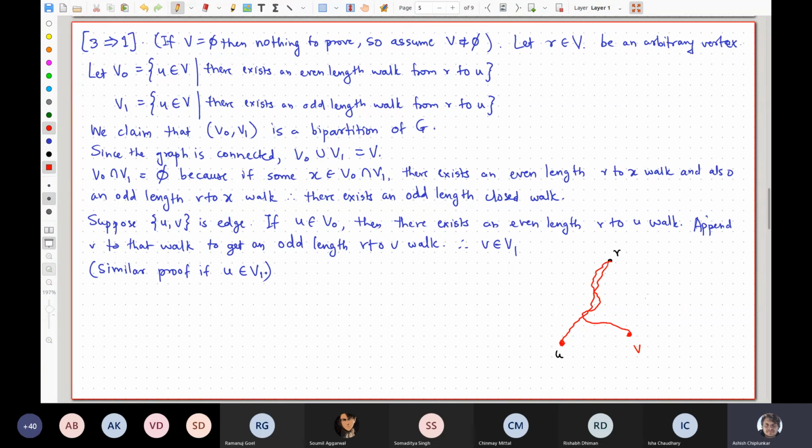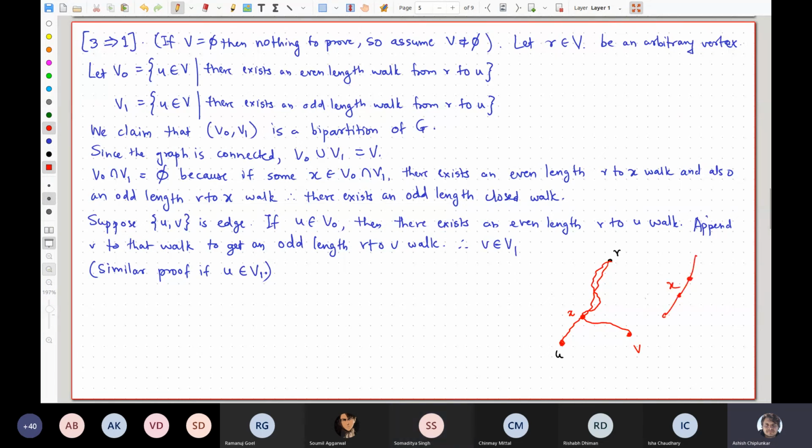Then what? So the last common point. Yes, you can mark this, sir. Then I claim that from R to this point, both the subpaths have the same length. Same length. Why? Sir, if not, then the other could be made shorter, I think. No, not at all.